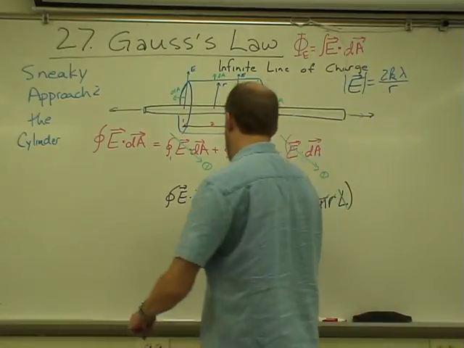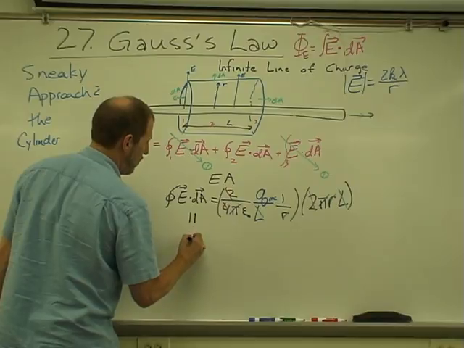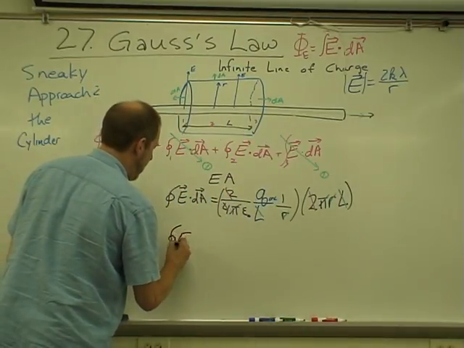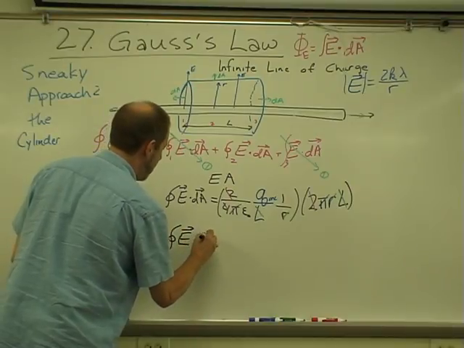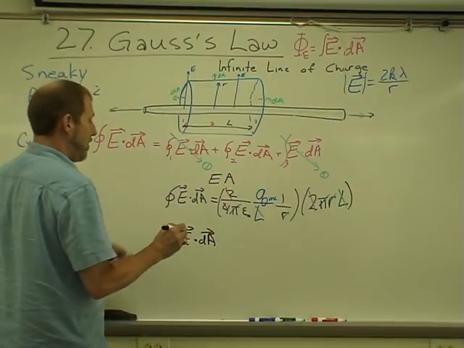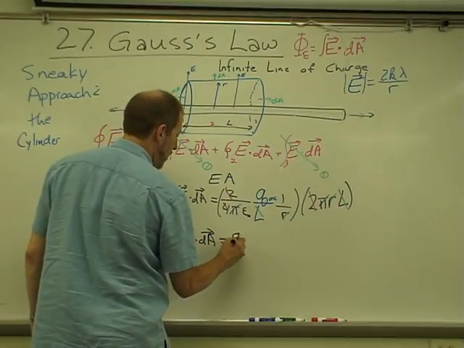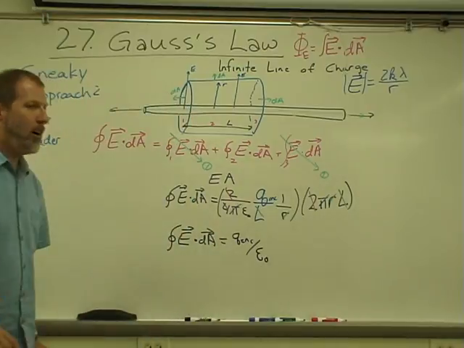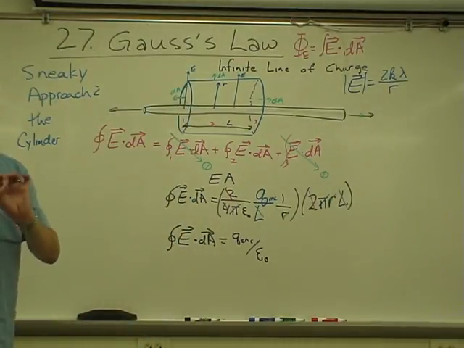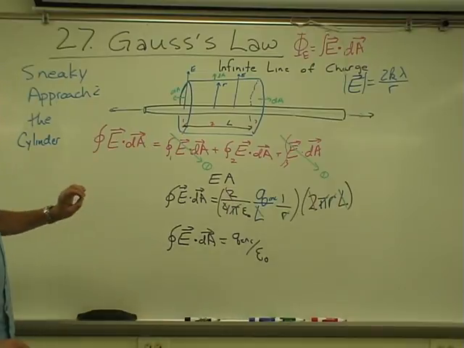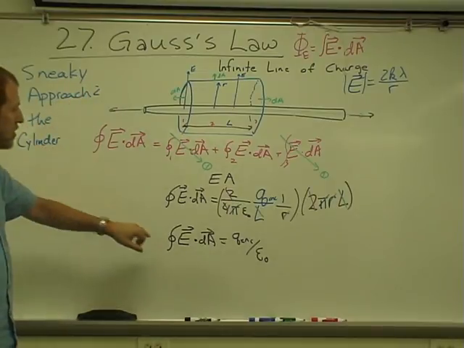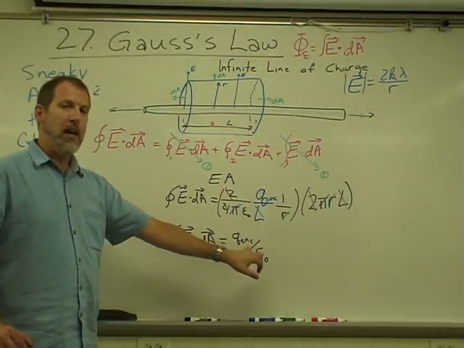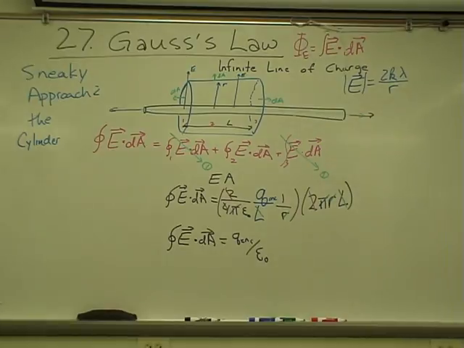So I'm left, in this case, with the integral of E dot dA for this special Gaussian cylinder turns out to be equal to the enclosed charge divided by epsilon naught, just like what we had when I did this for the point charge. The entire surface integral just turns out to be Q enclosed divided by epsilon naught again.